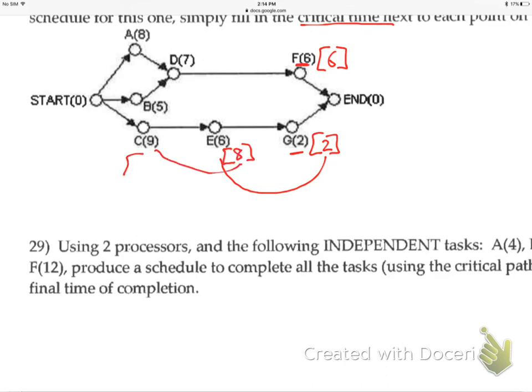Add 9, 17. Very good. Let's go up here. 6, add 7. 13, add 8. 21. Here, 13, add 5 is 18. Just running these arrows backwards, aren't I? And at the start, you take the highest number. Yeah, in the start, you take the highest option.